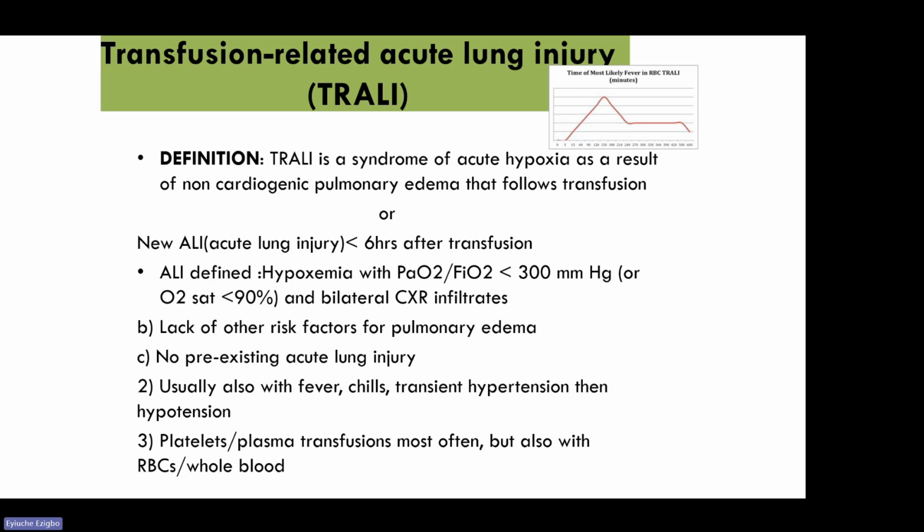Usually it also presents with fever, chills, transient hypertension, then the hypotension comes in. Platelet and plasma transfusions are most often implicated, but also red blood cells. So this complication occurs mostly with platelets or plasma transfusion.